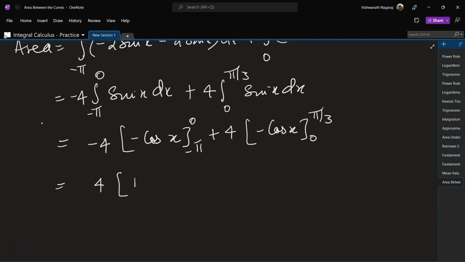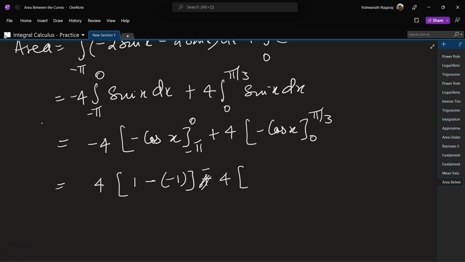Okay, now let's take the minus out, so this becomes 4. Cos 0 is 1, minus cos minus pi is going to be minus 1. So minus 1 plus 4. Again, we can take this minus out, so we end up with cos pi by 3.